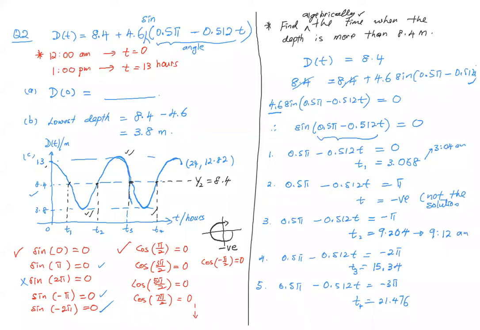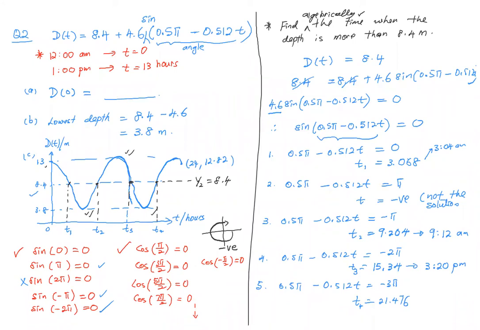Yes. Then this one will be 3 p.m., am I right? So 0.34 times 60. Okay, 3:20 p.m. Yep. This one will be minus 12, 9.